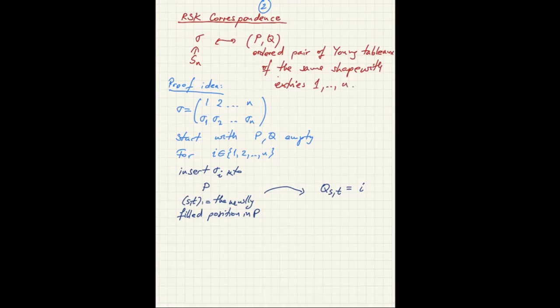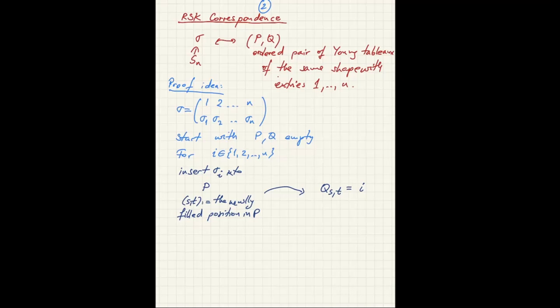The idea to go from the permutation to the ordered pair goes as follows. We write the permutation in two-line notation, 1, 2 up to n on the first row, and sigma 1, sigma 2, sigma n on the second row. And then we start with our tableaus P and Q empty.